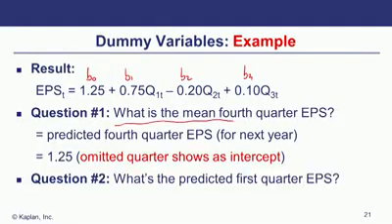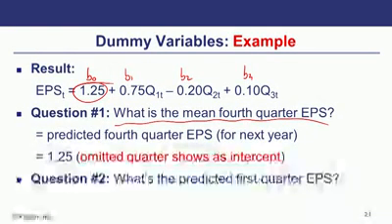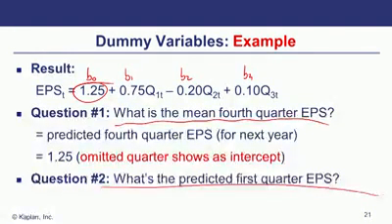What is the mean fourth quarter earnings per share? Well, we know that the omitted quarter is the fourth quarter. We know that the fourth quarter is represented by the intercept, so that's a quick answer. The earnings per share in the fourth quarter have to be $1.25.